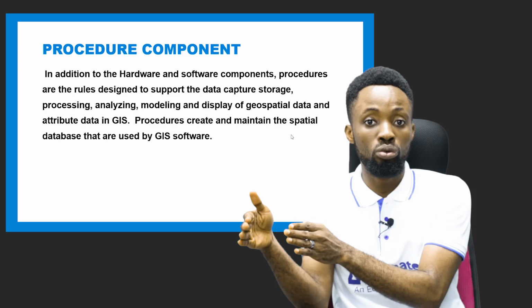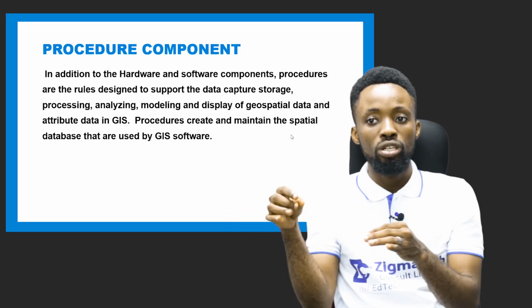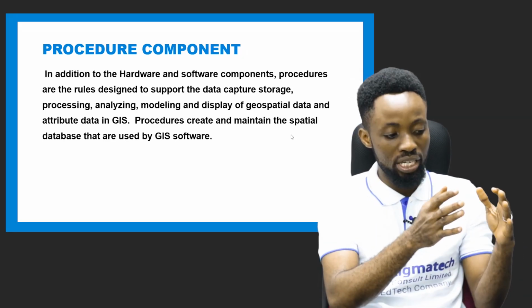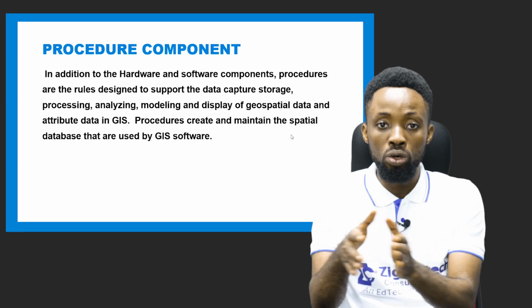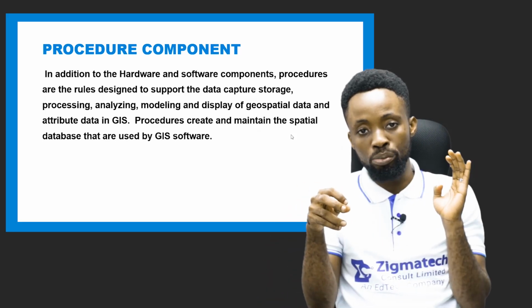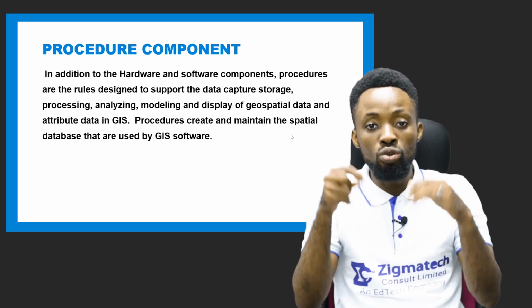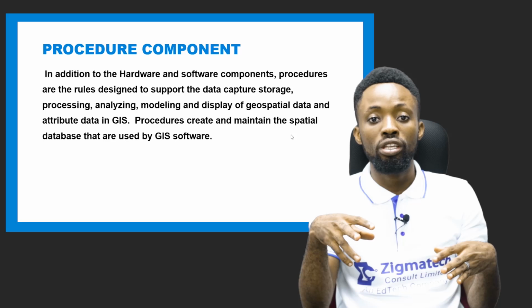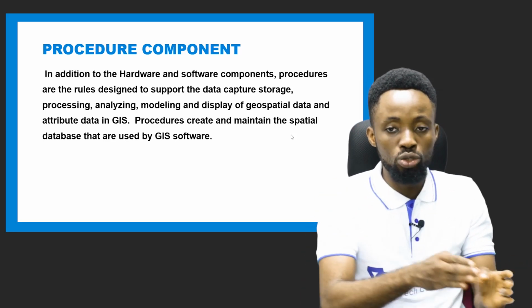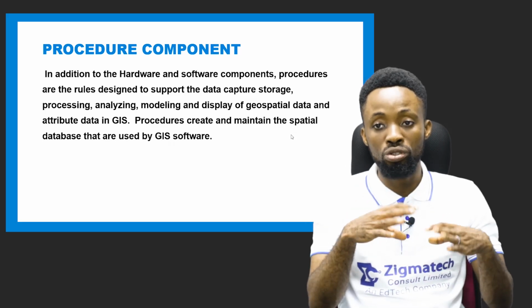All of this is called procedure. It is the method by which GIS is transformed from a data form to an information form. So that's a procedure, or the set of rules that the user, the professional, or the programmer will follow from the capturing stage to the presentation stage.